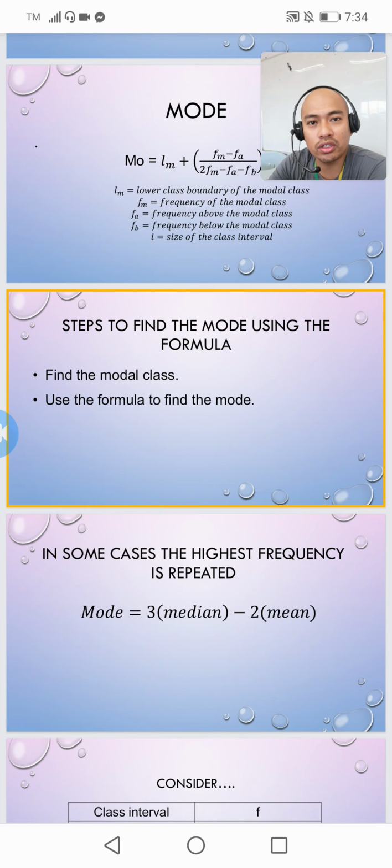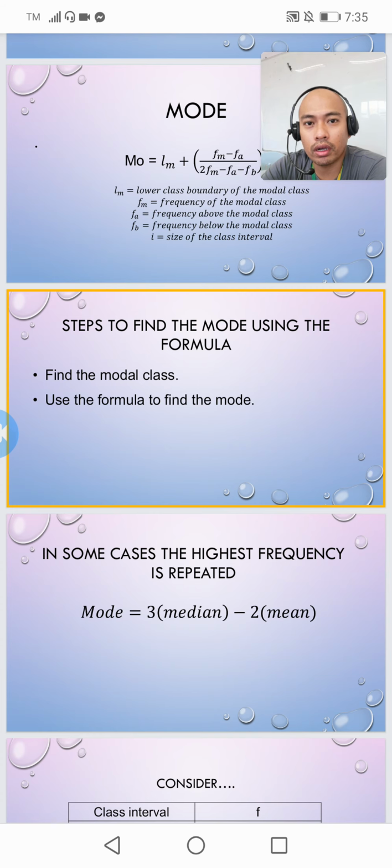So you will observe the frequencies. Which among these frequencies is the highest? So therefore, kung meron kang nakitang highest frequency na only one, okay, mag-isa lang siya, then the corresponding interval of that highest frequency will be the modal class. All right, will be the modal class.